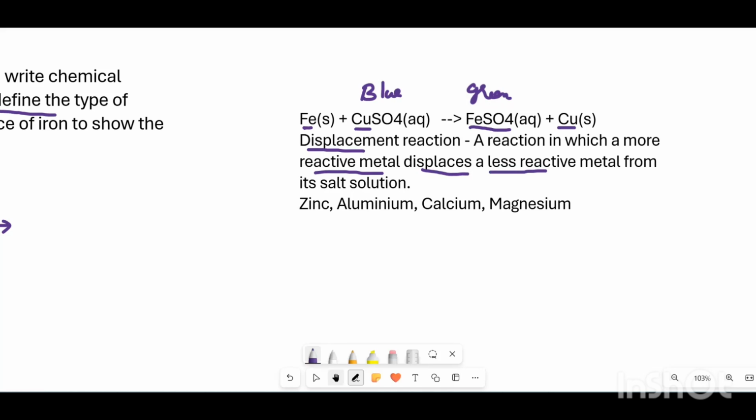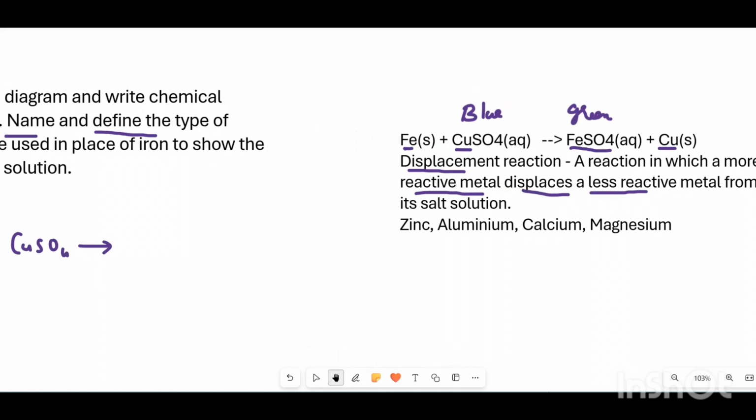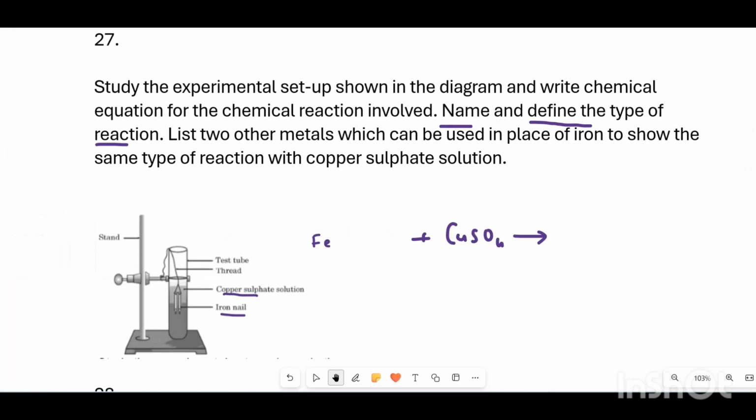Okay, and then asking one more question. List 2 other metals which can be used in place of iron to show the same type of reaction with the copper sulfate. So you need to write 2 other metals where we can substitute with iron, the copper sulfate solution.